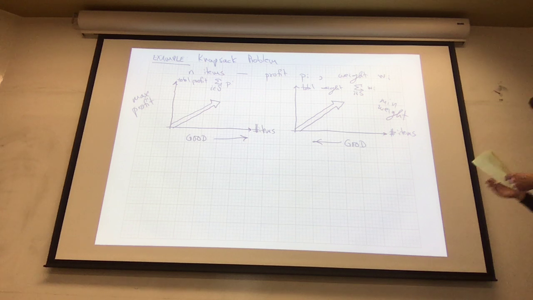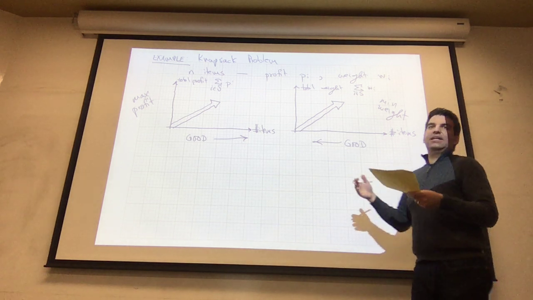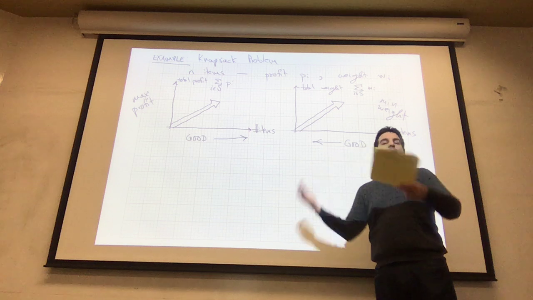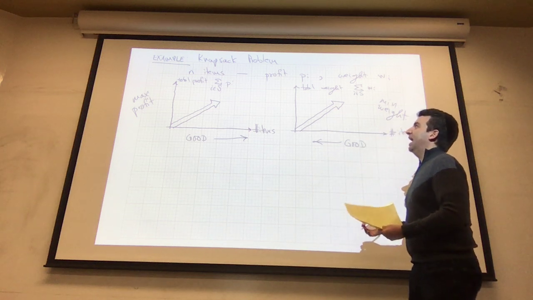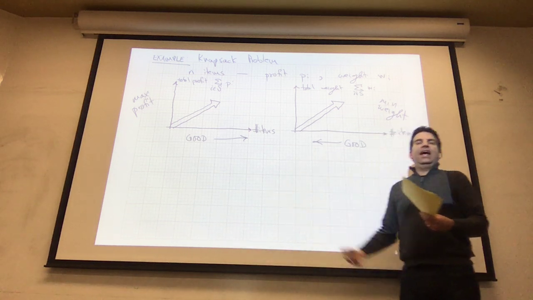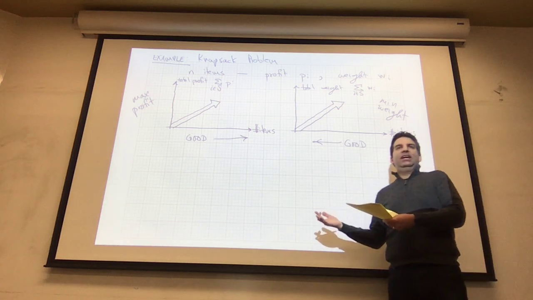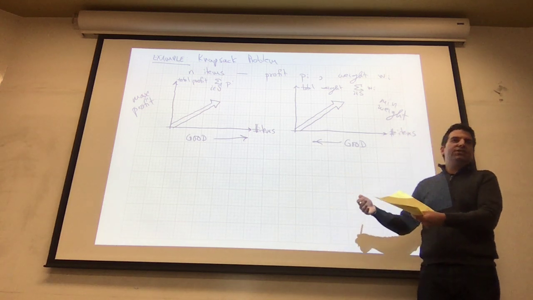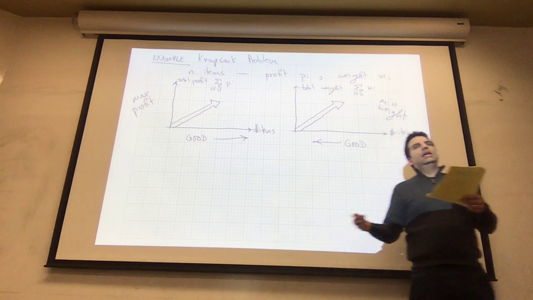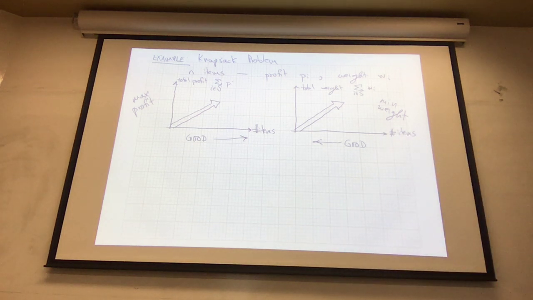And so the question is how do I select which items to put into my knapsack, given that I have this dilemma that if I choose a light object, it may not increase my profit as much as choosing a heavy object. So this is what I mean by a true multi-objective optimization problem.